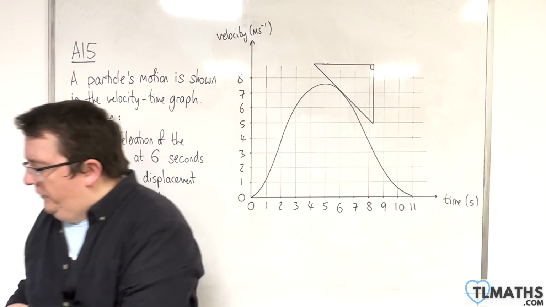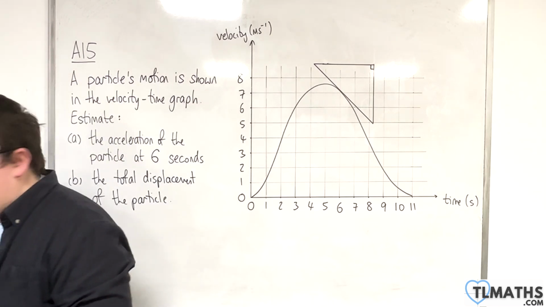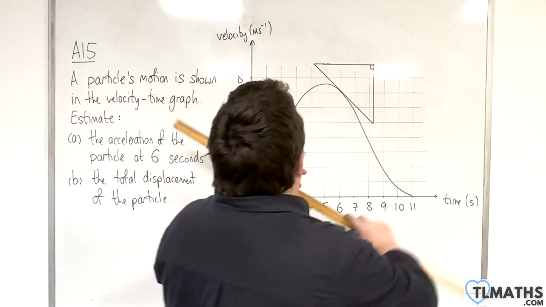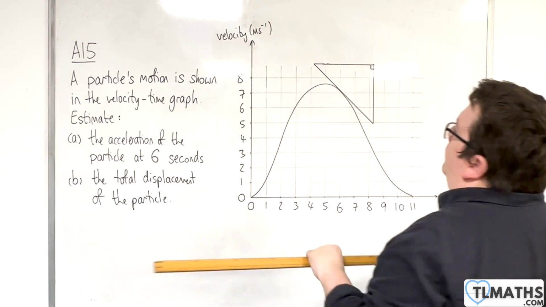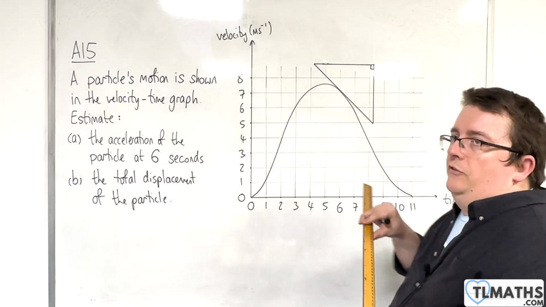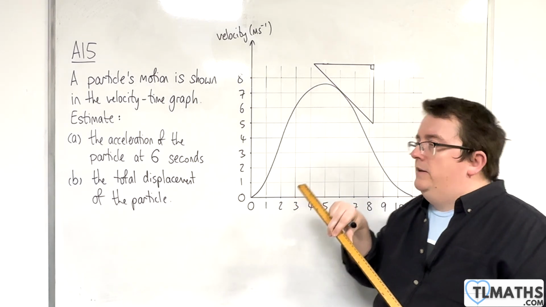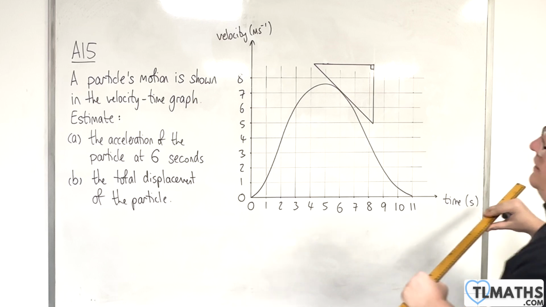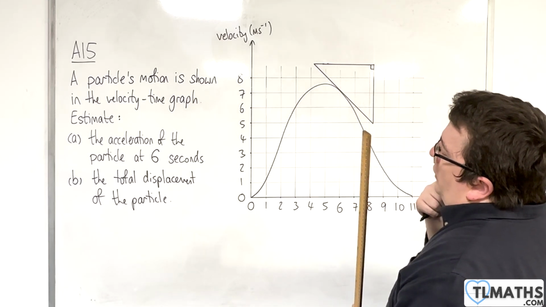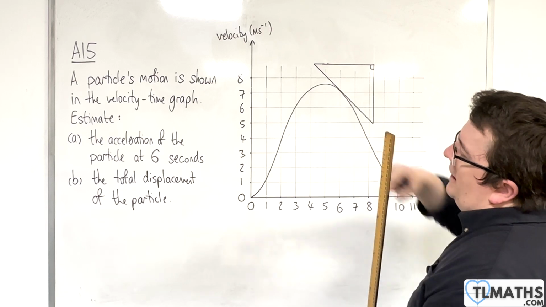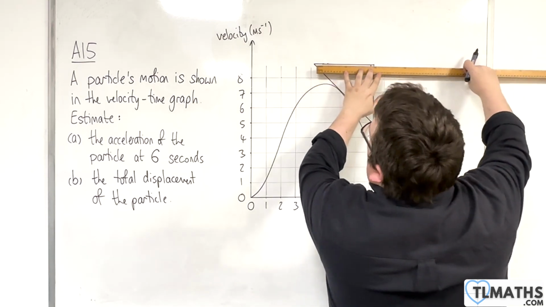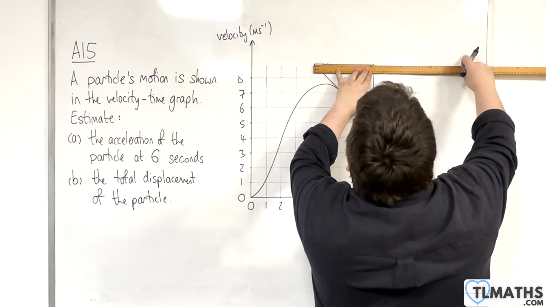And what I should be able to do is measure the two sides that aren't the hypotenuse. Now, as I said, I have made this 1 to 1, so that means that I can just directly measure my lines. If this wasn't the case, I'd have to consider the scaling of those sides of the axes. But I've got myself to a situation where I don't have to worry about that.